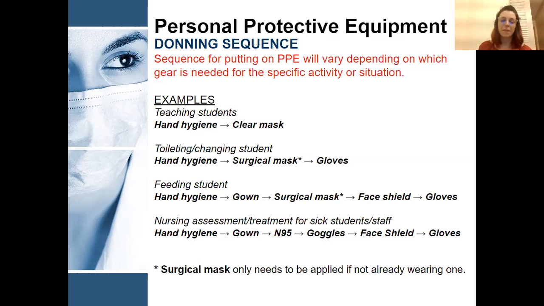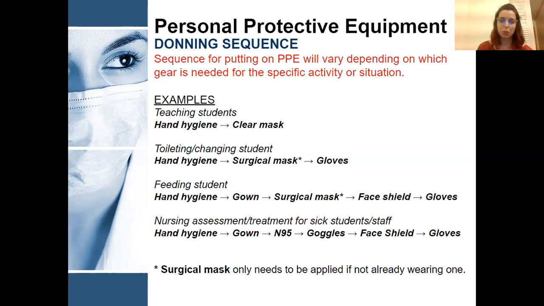If you are feeding a student, whether that's oral or G-tube, you might engage in hand hygiene, then don a gown, don that surgical mask if you're not already wearing one, don a face shield, and then don gloves.